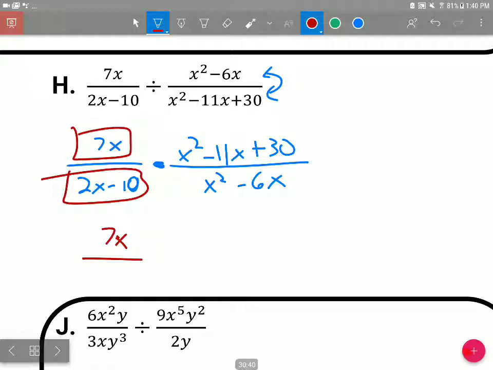Oh, 2. You can pull a 2 out of it. So that leaves 2x divided by 2 is x, and negative 10 divided by 2 is negative 5. There's no x squared, so we're not going to break it into two. It's going to stay the way it is. You just might be able to divide it with a number or something like that.